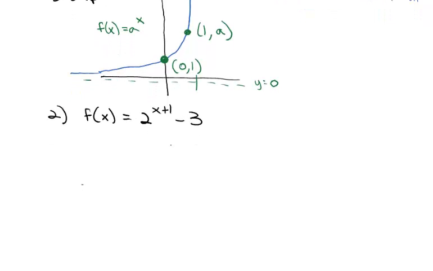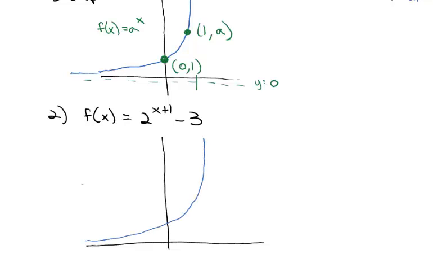Now if we start with our graph, the basic graph before it shifts and moves around is going to look like this. It's got a key point at 0, 1, and a key point here at 1, the base in this case is 2.